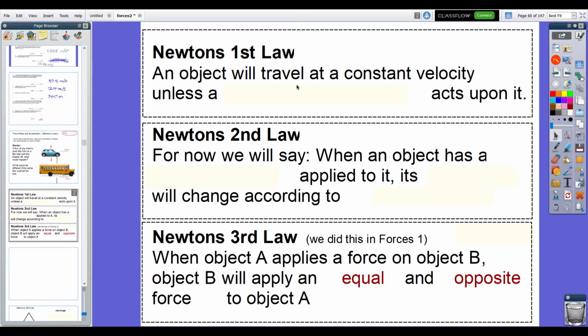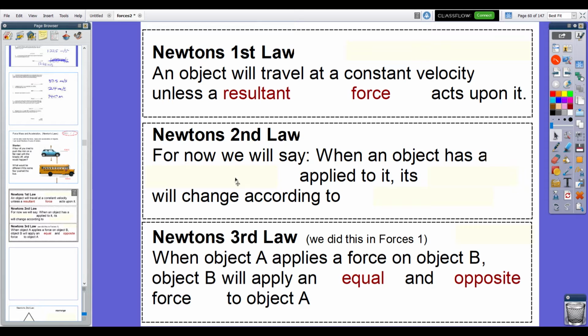He was totally wrong. Actually, objects travel at a constant velocity unless they have a resultant force applied to them. Which takes us to Newton's second law: how do you change the velocity of an object? Well, you apply a force.